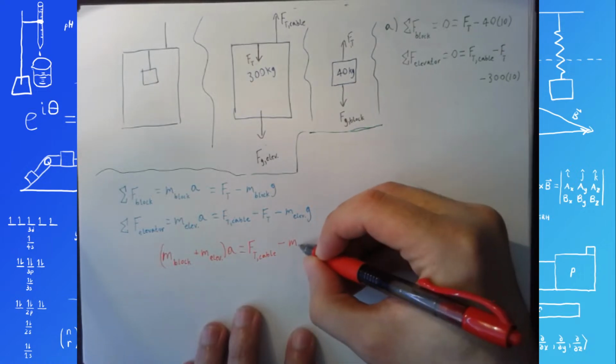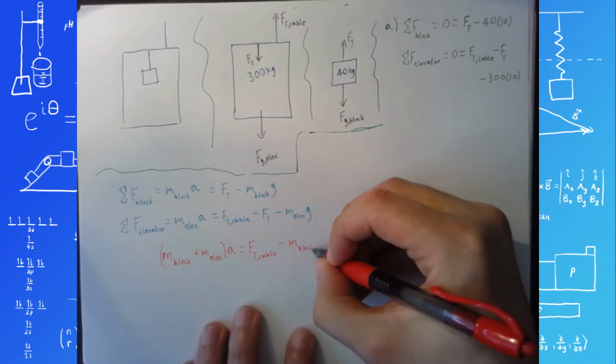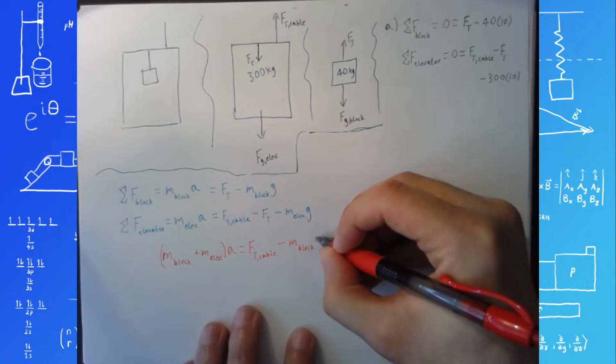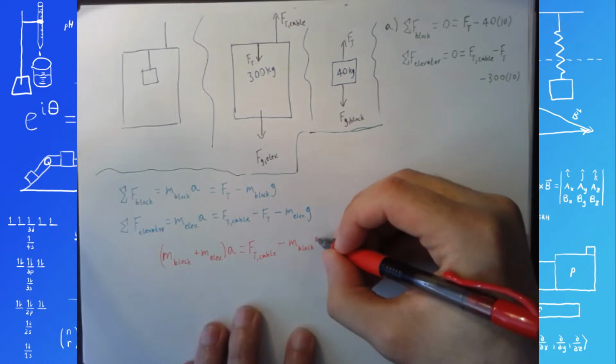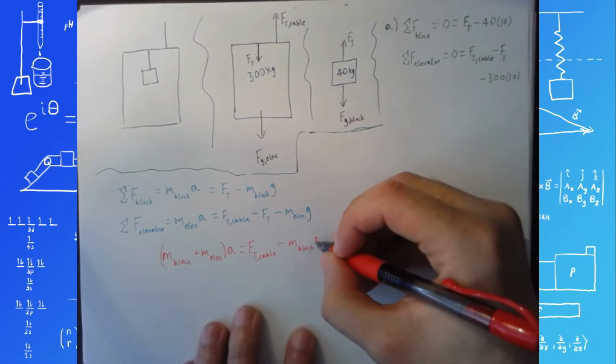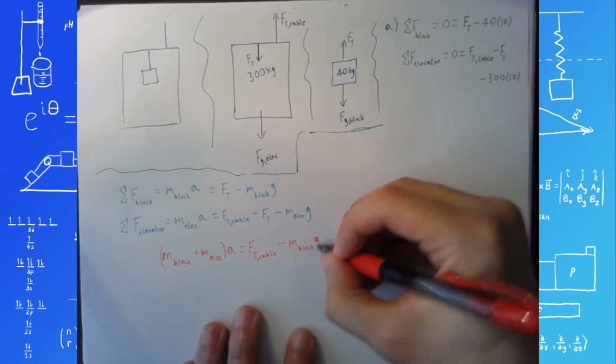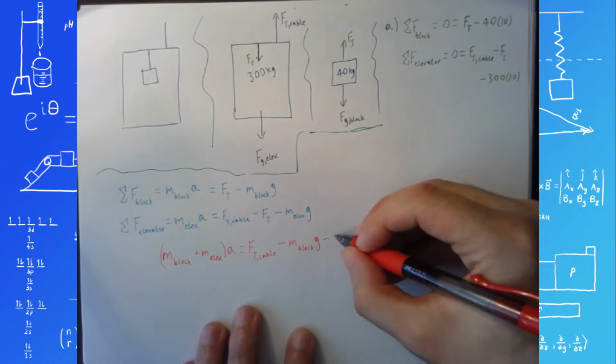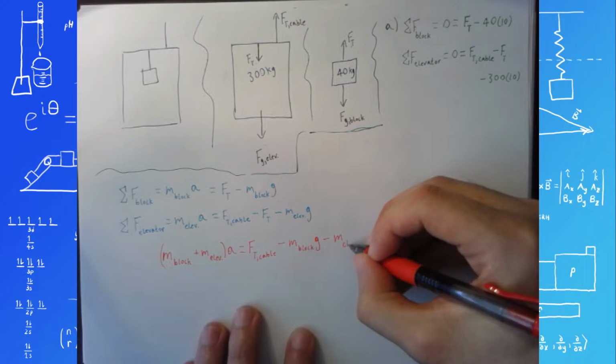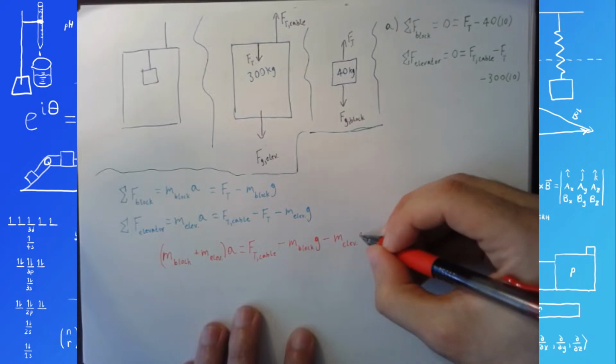So minus M block times G and minus M elevator times G. And actually I could, well, I'll write it out as two separate terms for now, and I'll rewrite it one more time underneath.